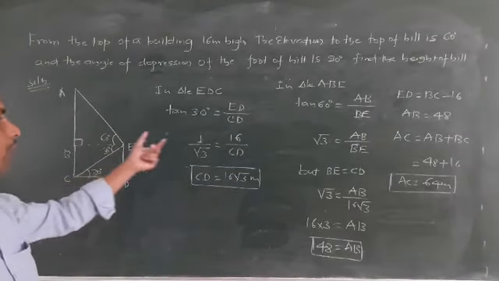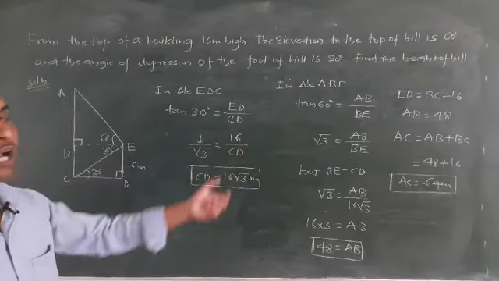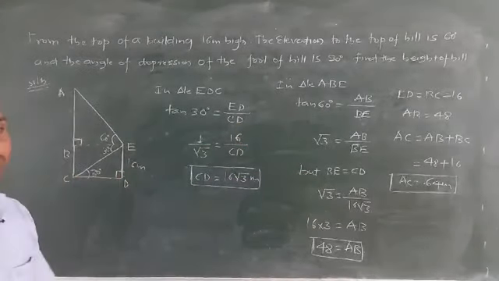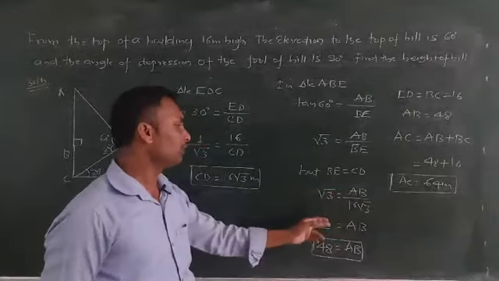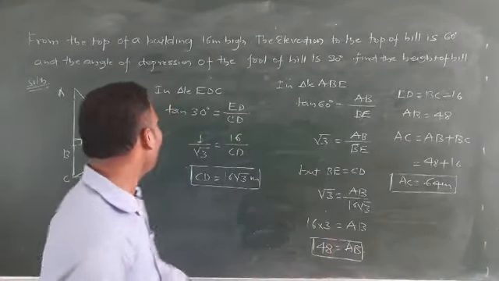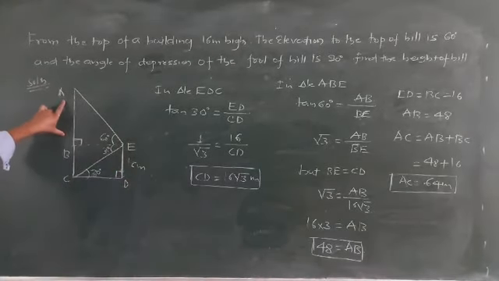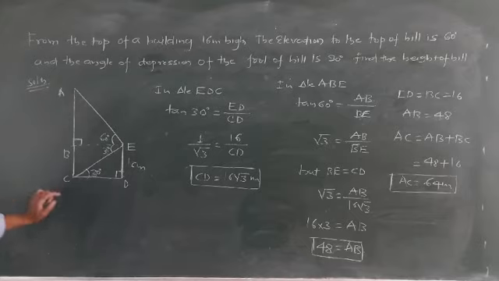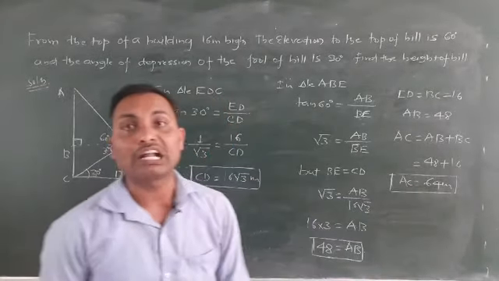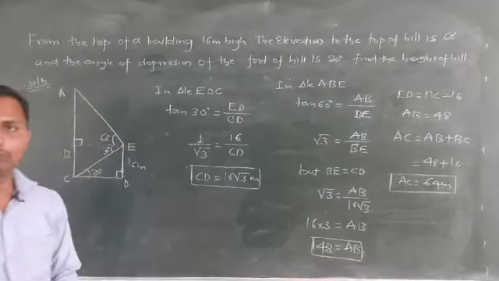CD is equal to BE, that we substituted, and tan of 60 degree means root 3, as it is we have written here AB by 16 root of 3, and this is root 3 into root 3, simply 3 itself. 16 into 3 is 48, and once we got AB, we know that very well. So AB plus BC, total AC, and that we did, AC is equal to 64 meter, and this is the total height of the hill.